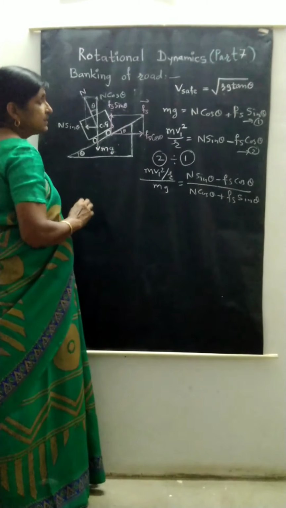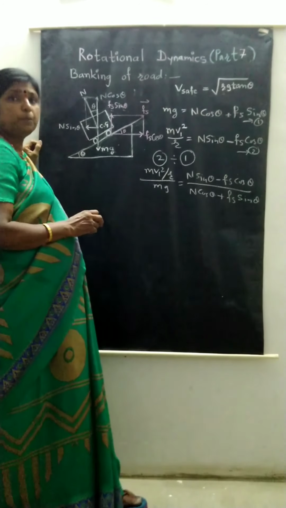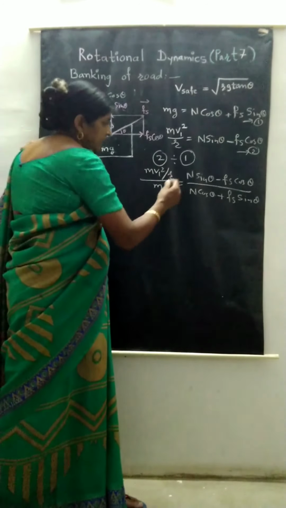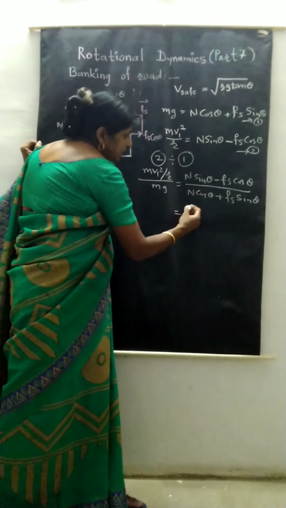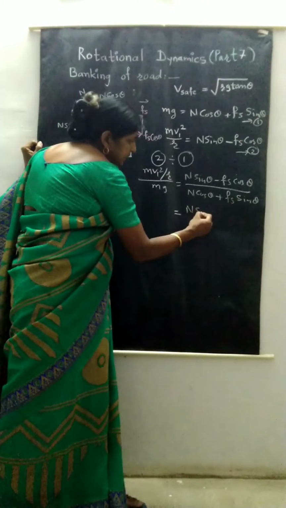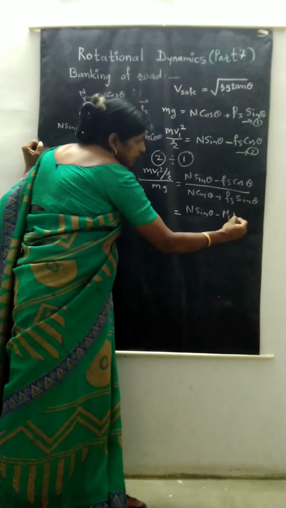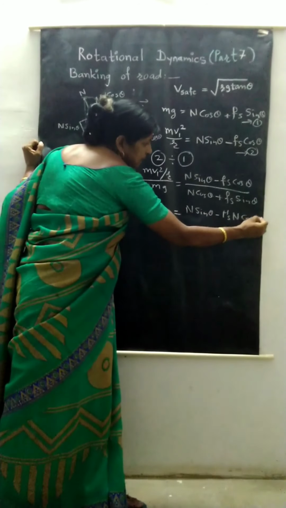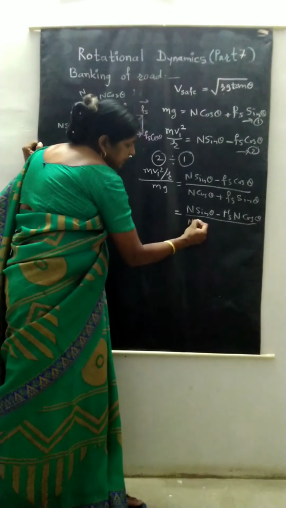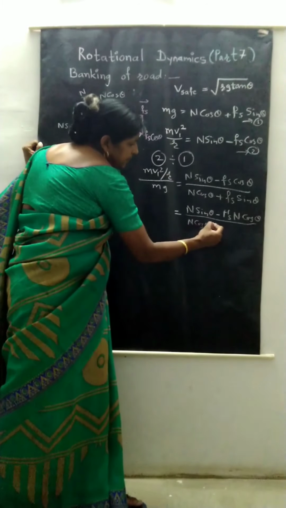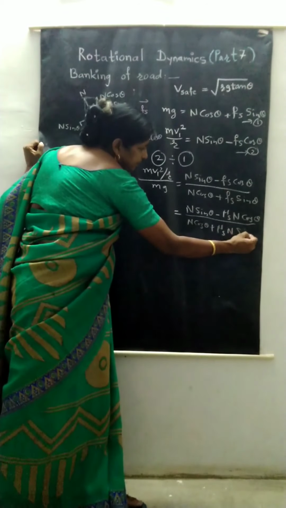Hence, the maximum value of this frictional force, as we know, is mu s into N. Hence, let us substitute for f_s: N sin theta minus mu s N into cos theta, divided by N cos theta as it is plus mu s into N into sin theta.